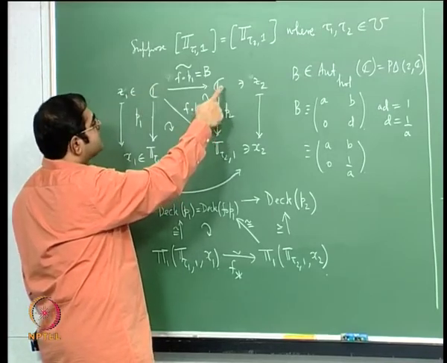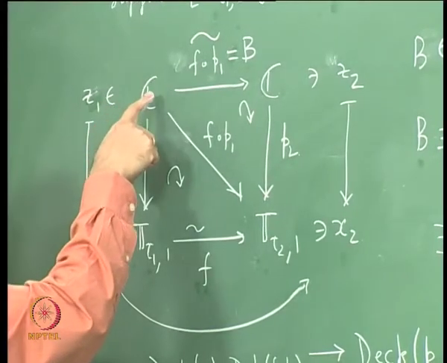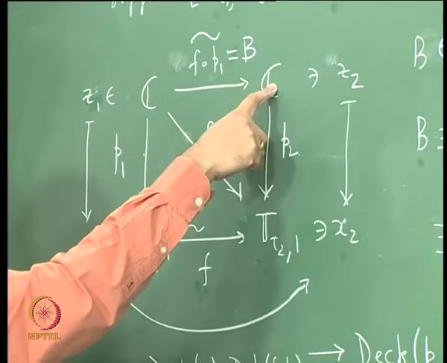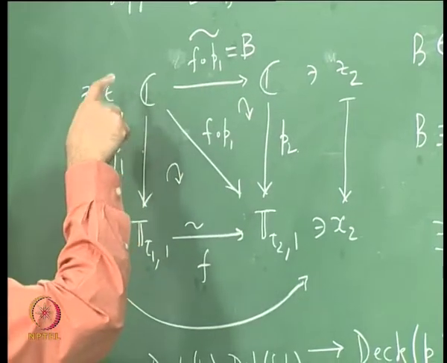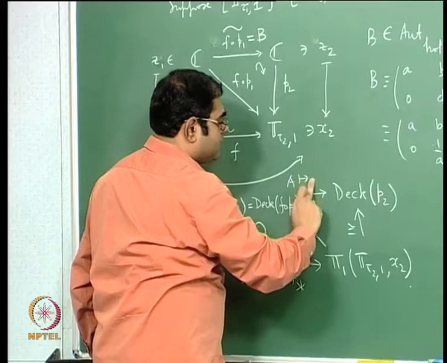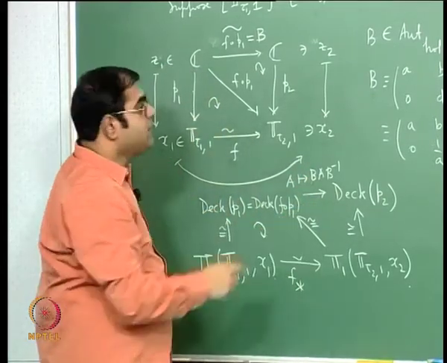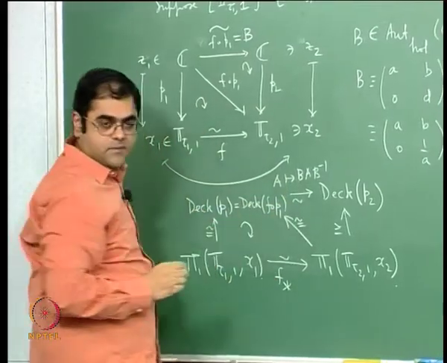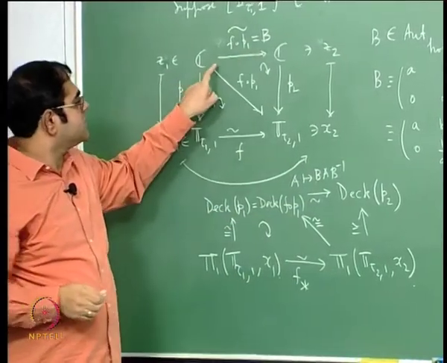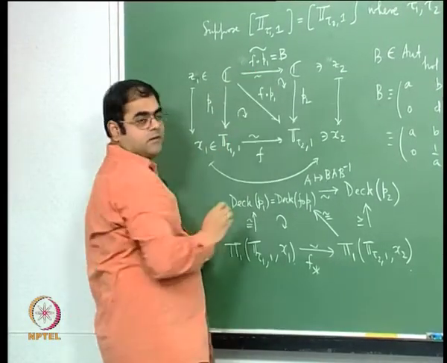Going like this is applying B inverse, then applying the deck transformation here and then applying B. So it is just a map that sends A to B A B inverse, which is conjugation by B, and this is an isomorphism, because this map is a holomorphic isomorphism.